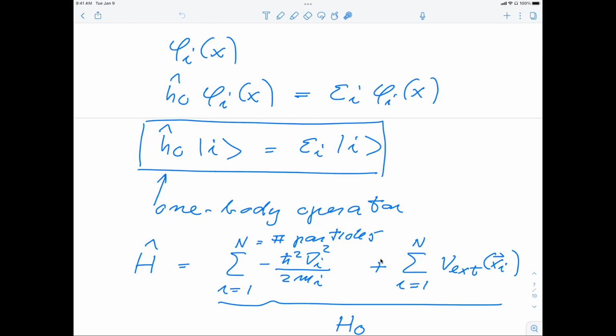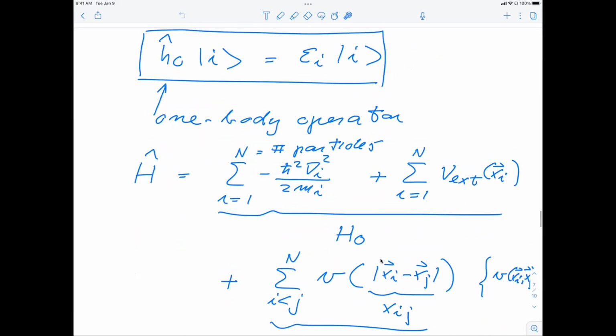You cannot make a table because that would take too much space in memory. But you can calculate the matrix elements on the fly because you have analytical recurrence relations. So this is also a technique which is used in many-body physics. So having such a basis which is meaningful is extremely useful.